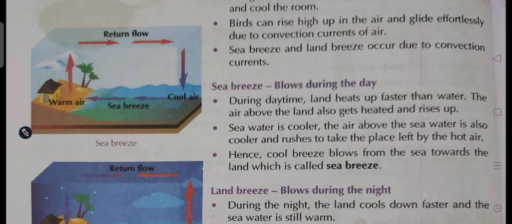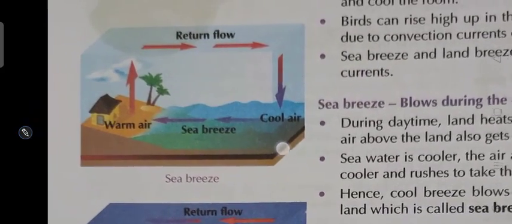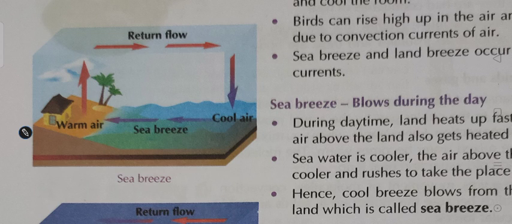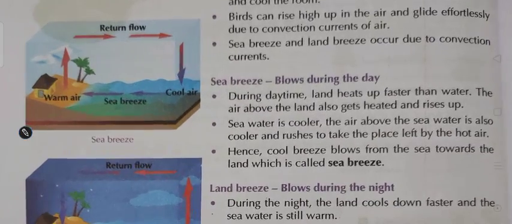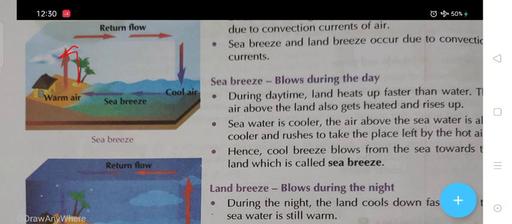Students, in these pictures you can see how the sea breeze blows. At daytime the land gets heated faster than water, and the air above the land will heat up faster and rise upward. The empty space created by the land will be filled by the air which is present on the sea.